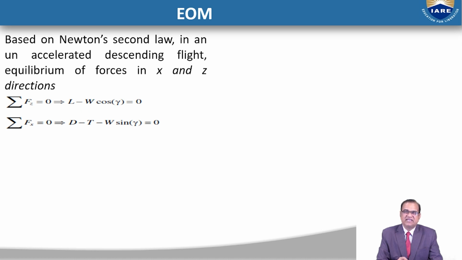It is perpendicular to the velocity, and this one is parallel to the velocity. So Fz equals L minus W cos gamma equals 0, and in the x direction it is D minus T minus W sin gamma equals 0. This we have discussed earlier also.